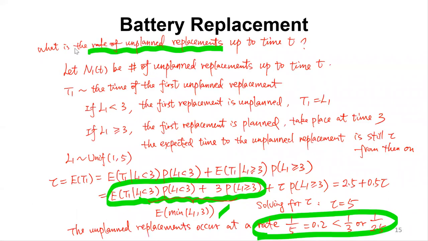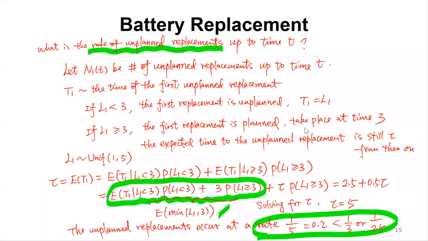Now, what is the rate of the unplanned replacement up to time t? Let N(t) be the number of unplanned replacements up to time t. So T1 is the time of the first unplanned replacement. If L1 is less than 3, the first replacement is unplanned. Okay, T1 equals L1. If L1 is greater than 3, the first replacement is actually planned.